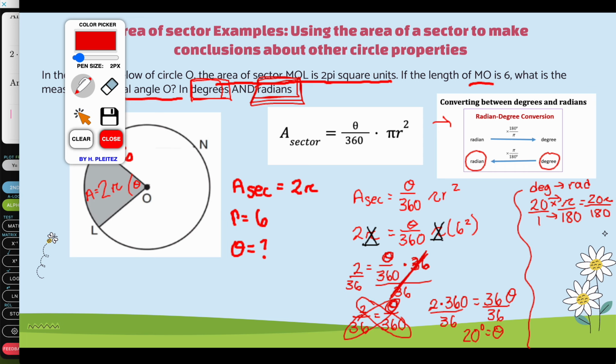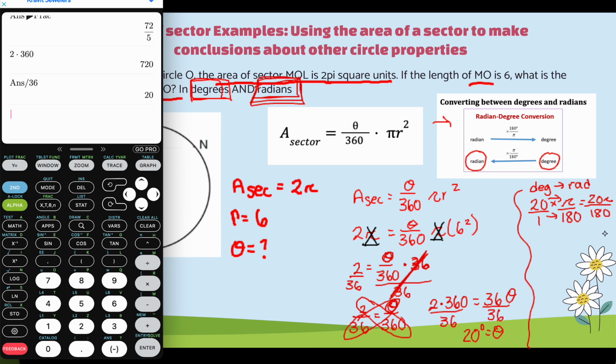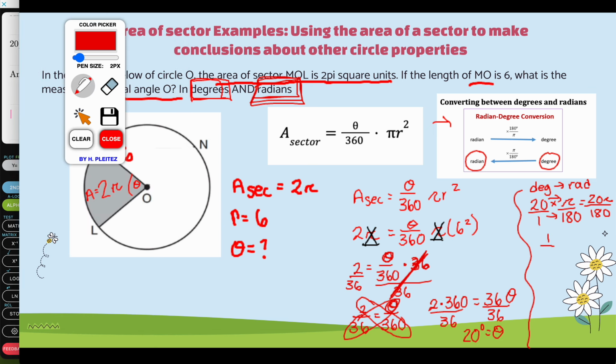And then we need to simplify that fraction of 20 over 180. So we do 20 divided by 180. You hit enter, and then you hit the math button, and you hit enter on fraction, and enter again, and you get 1 over 9. So it's going to be 1 over 9 pi, or pi over 9. So that would be it in radians, and this would be the central angle in degrees.